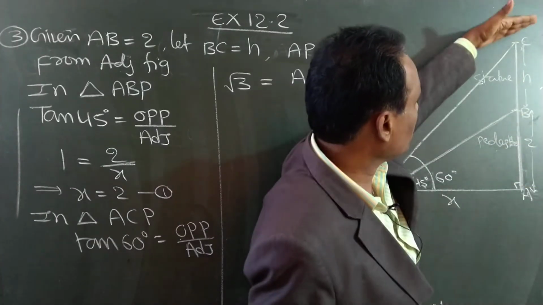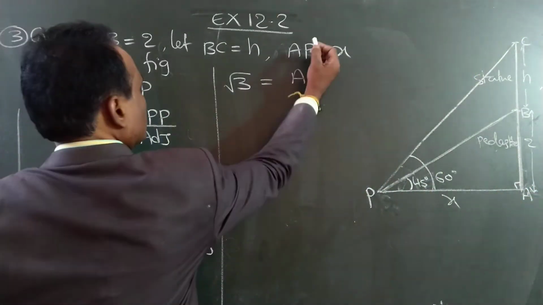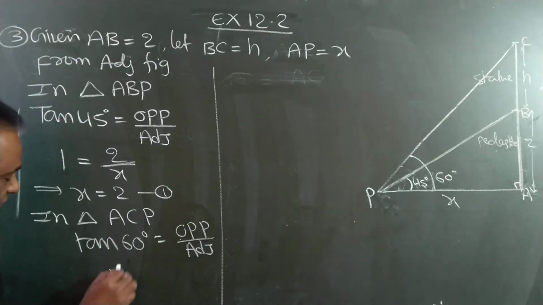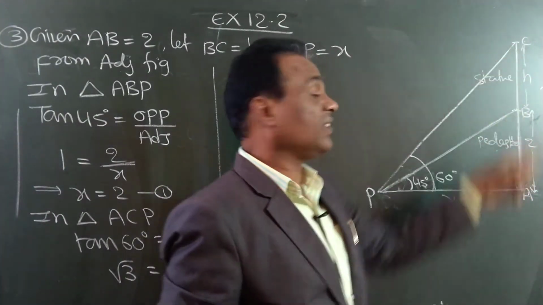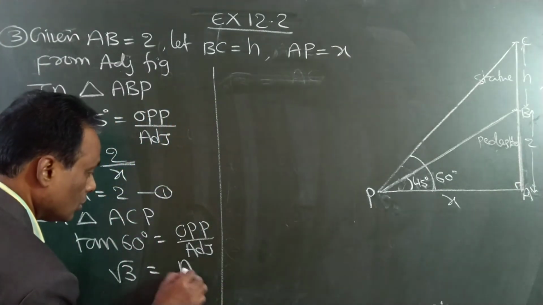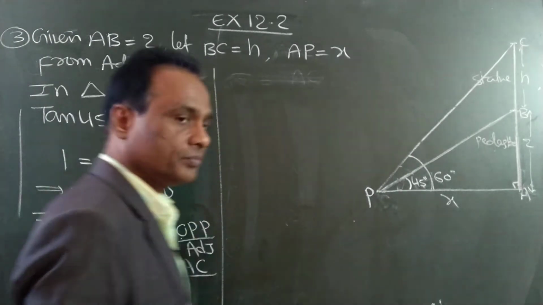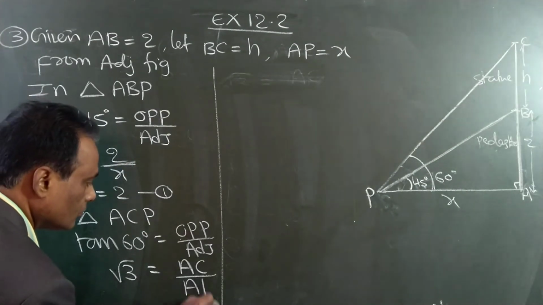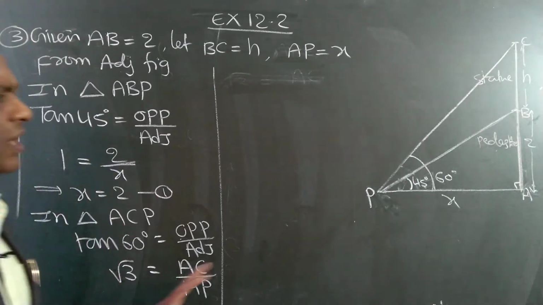Opposite is from here to here because we are taking the bigger triangle ACP. Tan 60 is root 3. Opposite is AC, adjacent is AP. Same tan formula.